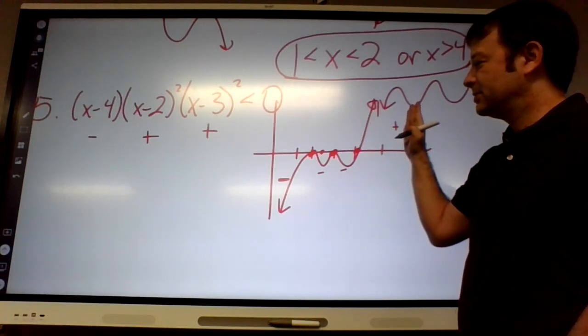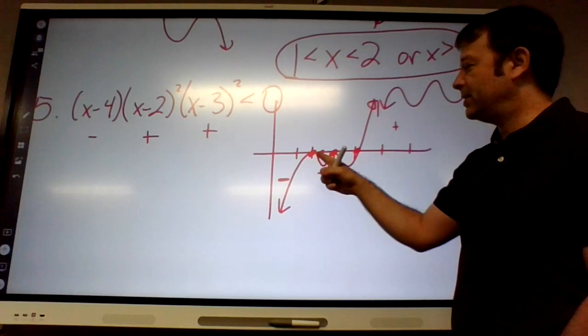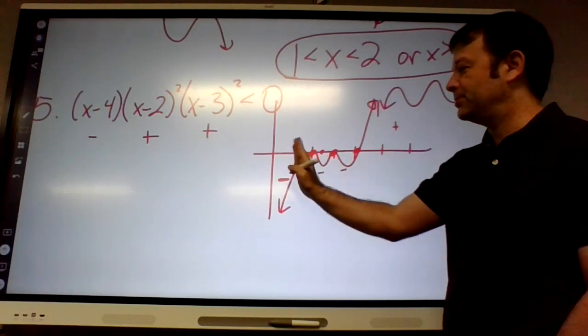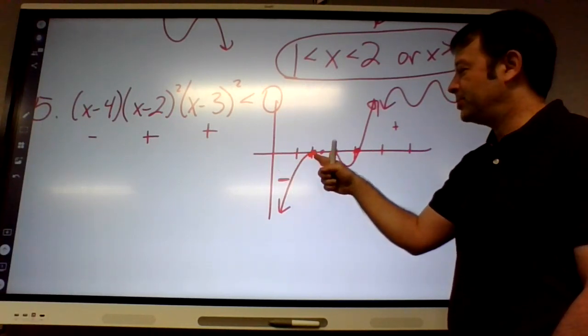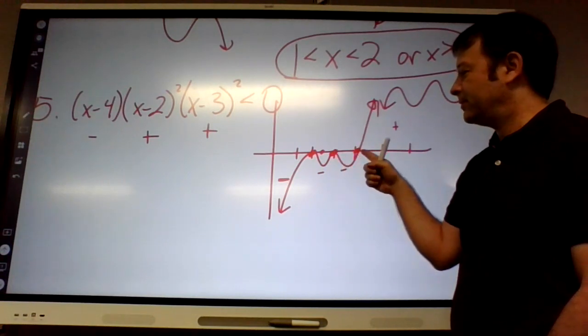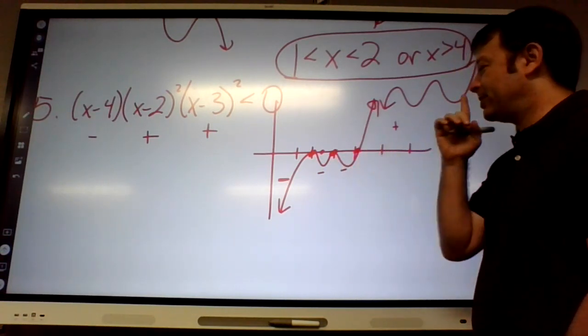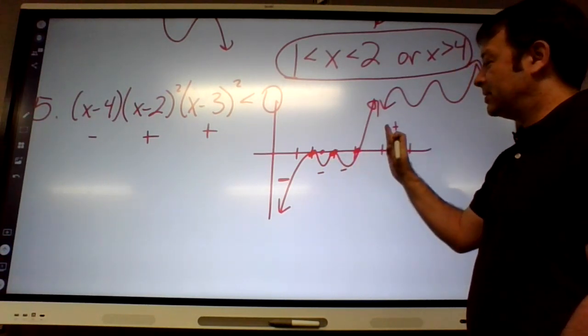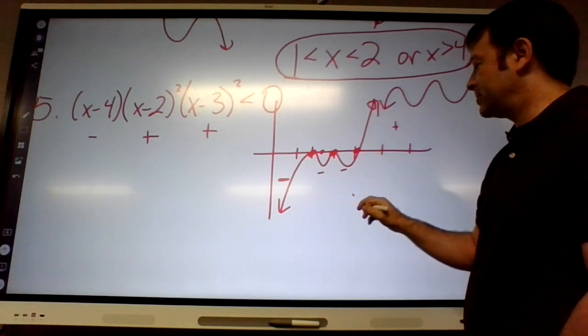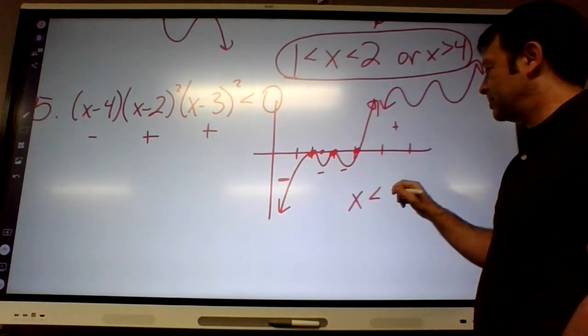Less than 0, you could say x is less than 2, or between 2 and 3, and between 3 and 4. But there's probably a better way of saying this. I think this is how the book said it, probably.